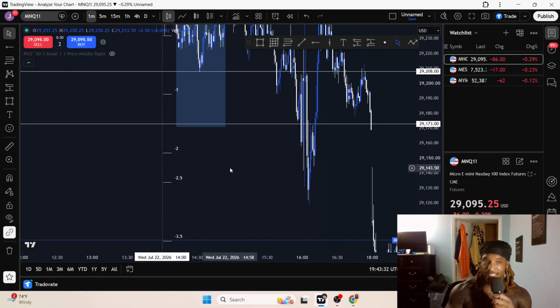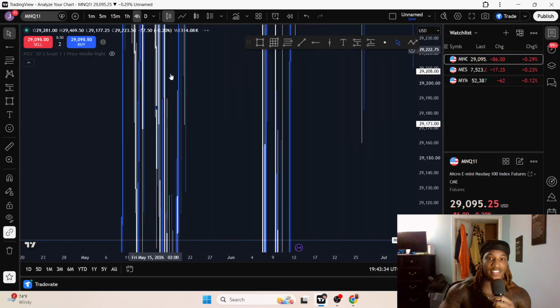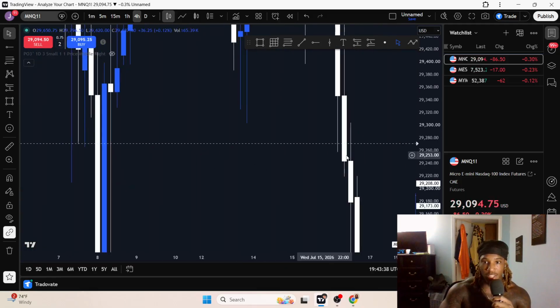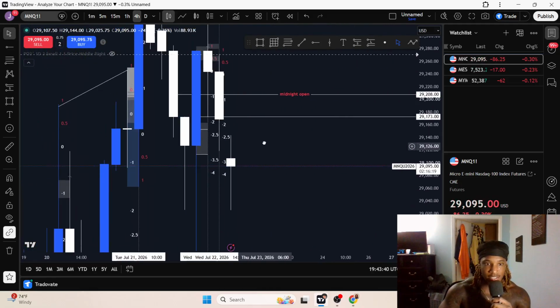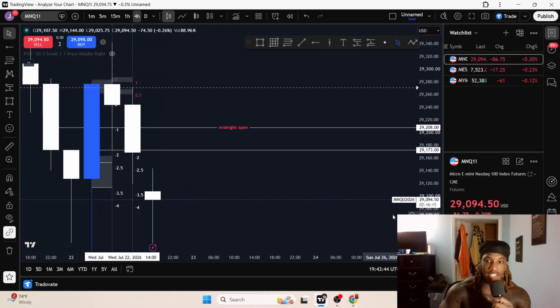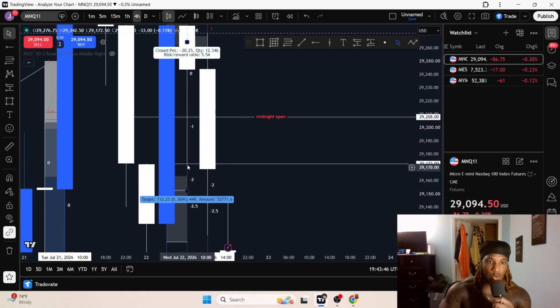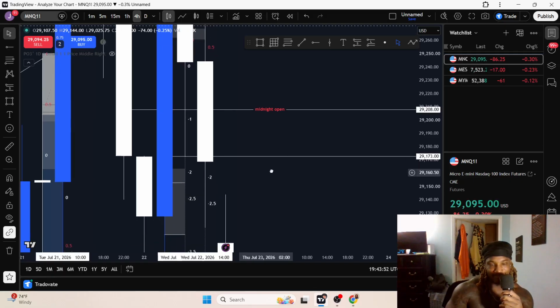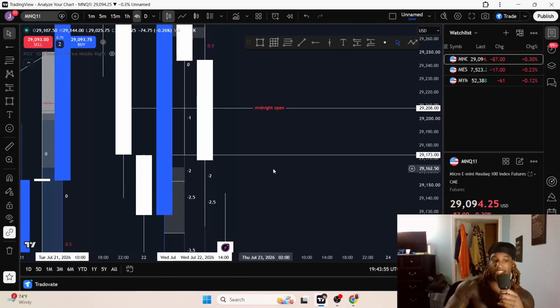But get this, the 2 to 2.5 standard deviation level lines up perfectly with, drum roll please, the previous 4 hour candle's low. I can't make this up.